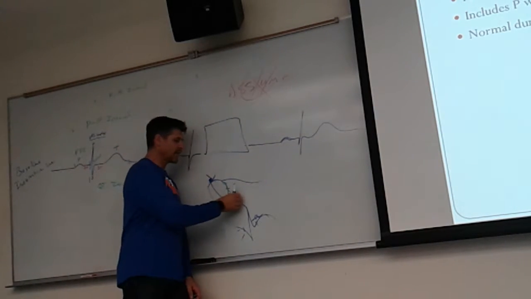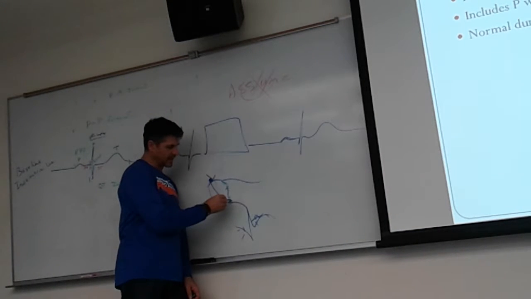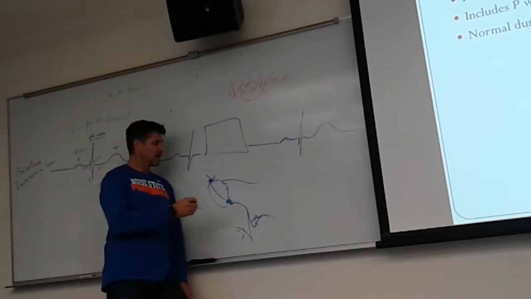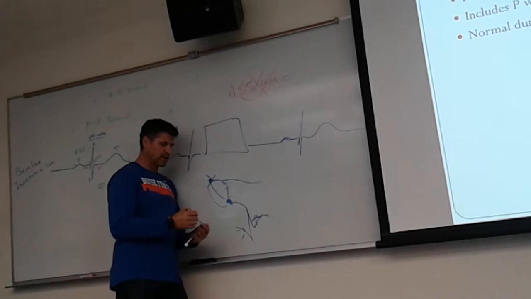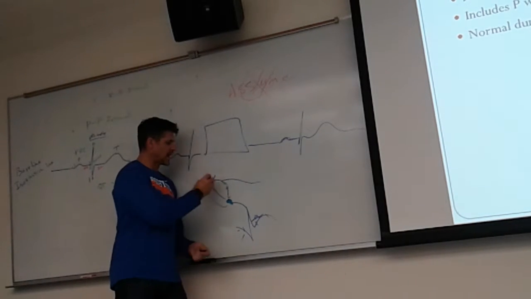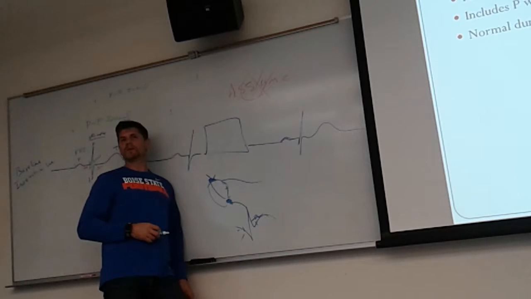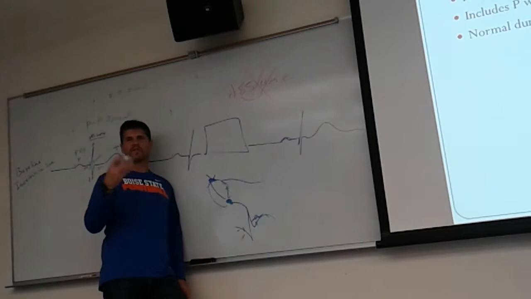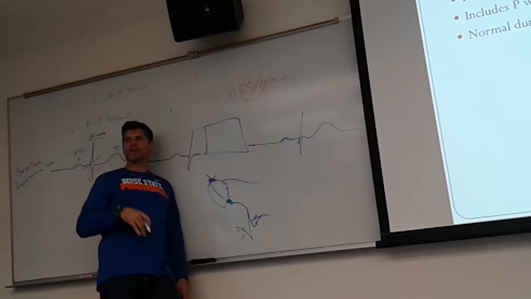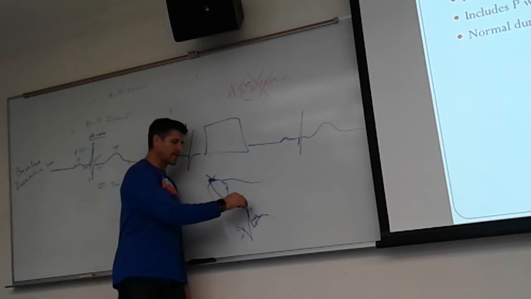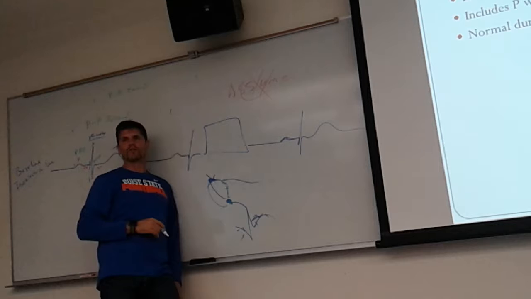That's correct. If there's something happening in here that creates a block that doesn't allow the signal to travel as quickly, the signal is working fine from the SA node, it gets to the AV node in its normal time, but the AV node holds on to it a little longer than it normally should because there's some sort of block that the signal has to get around before it can continue on down, then it will delay when the Purkinje fibers can give the signal to the ventricles.